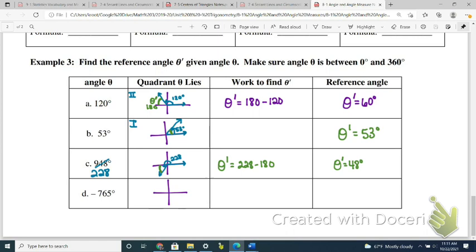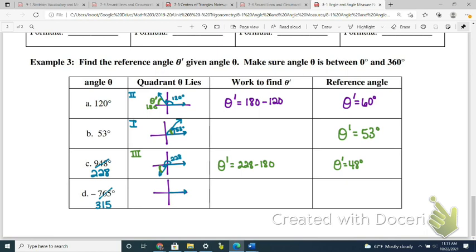So same thing we're going to do when we have a negative degree. I'm going to add 360 until I get a positive number from 0 to 360. And this was in quadrant 3. So if I keep adding 360 until I get a positive number, I get 315 degrees. So that's here.